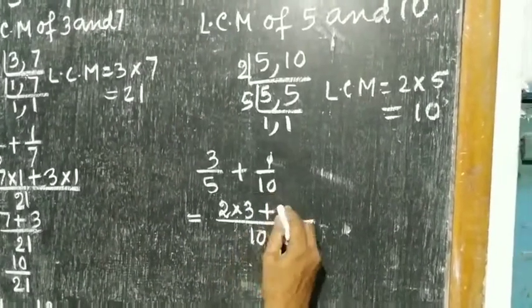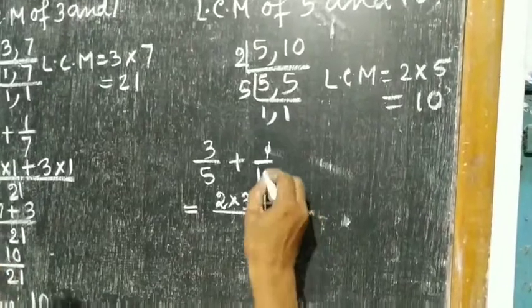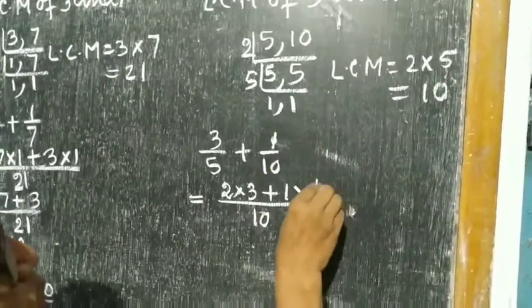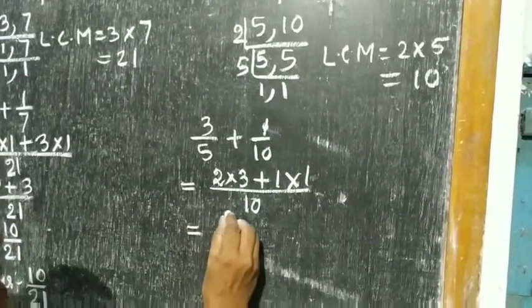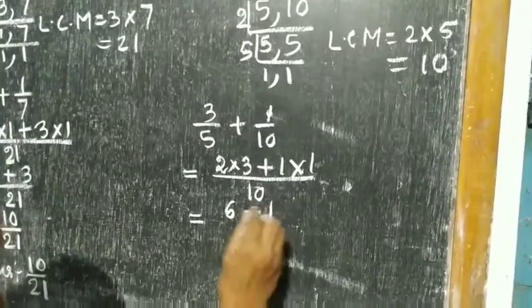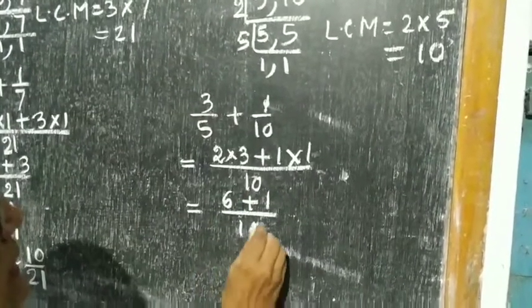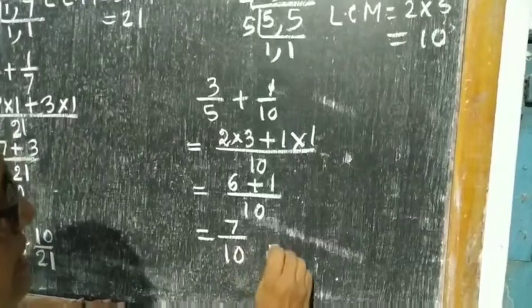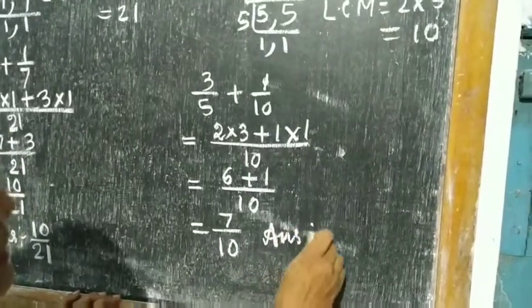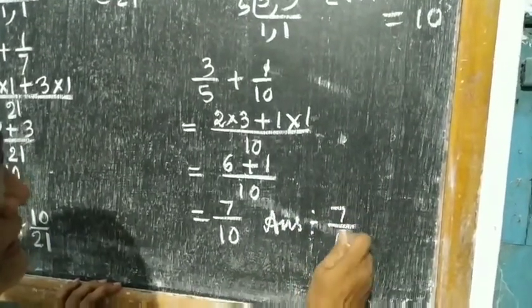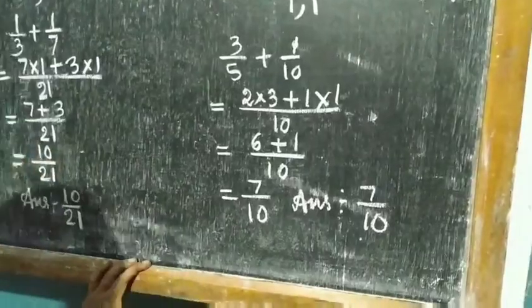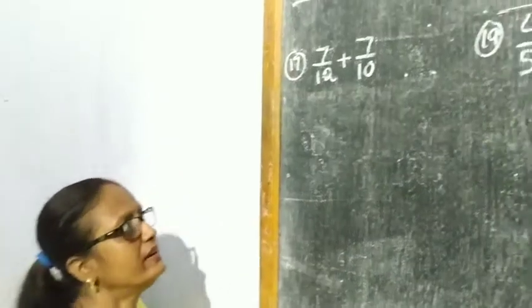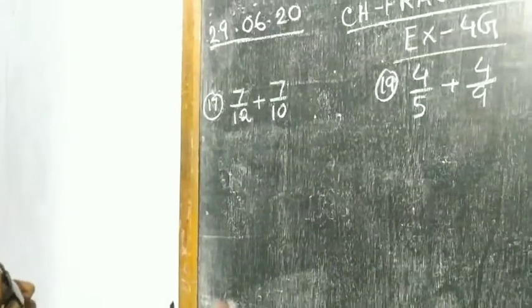That is 10 divided by 10, 1, into the numerator 1. So it will be 2 3s are 6 plus 1 by 10. So 6 plus 1, 7 by 10. So answer 7 by 10.